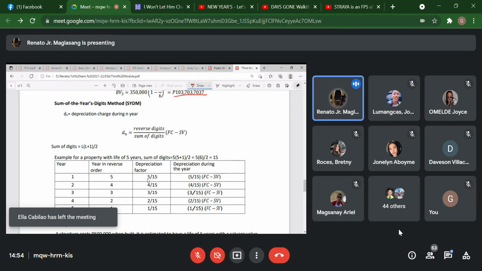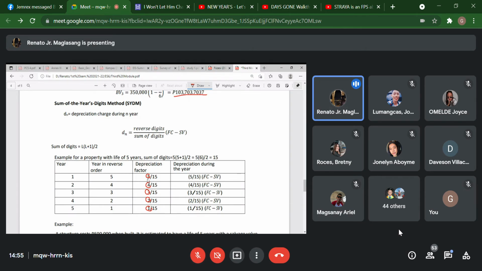What does this mean? Reverse digits means, for example, if your L is 5, it goes 5, 4, 3, 2, 1, meaning reverse from the highest value to the lowest value. If it is 10, then 10, 9, 8, 7, 6, 5, 4, 3, 2, 1.